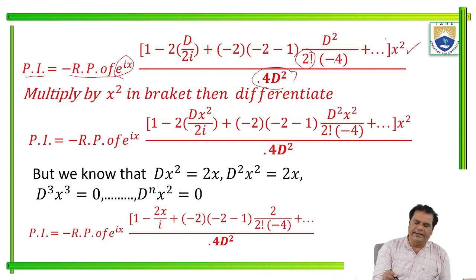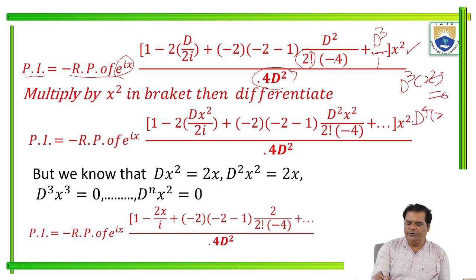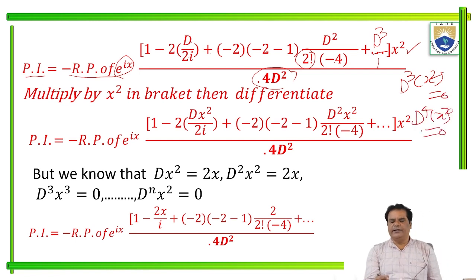D cube x square is 0, and d4 x square is 0 here. So I am not writing these terms. D cube, d4 vanish directly.